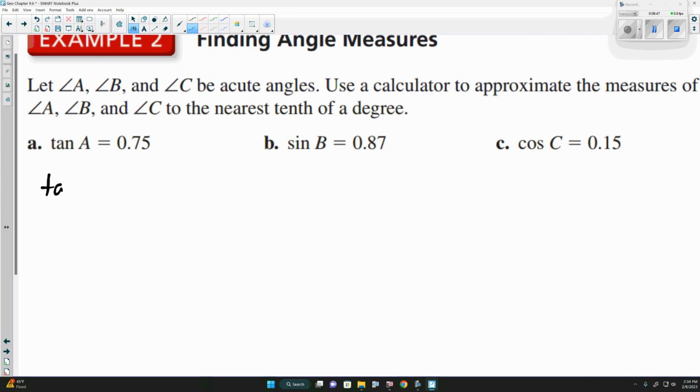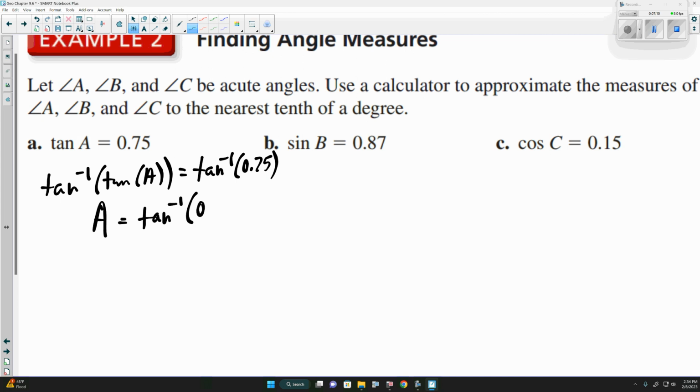Tangent inverse of tangent of A, as we just saw, is going to give us just that angle A. But what we do to one side, we have to do to the other. So we're also going to take tangent inverse of 0.75. At this point, we can type it into the calculator.